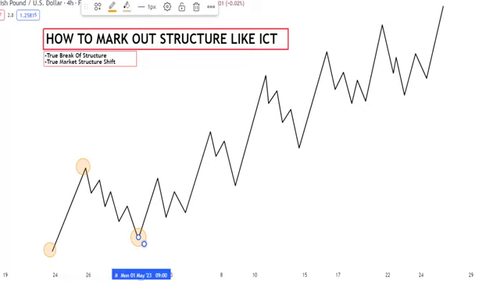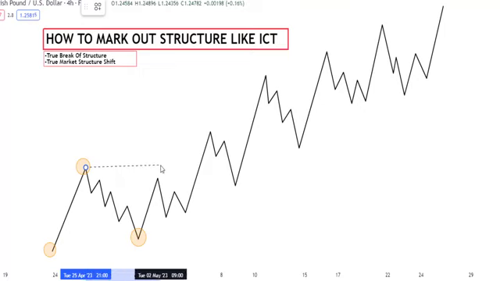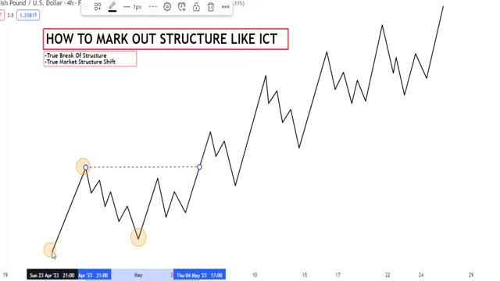So we're going to mark out this high at this level. That is the highest level price reached, and then price was here before. So when we say price has created a range from here to here, anything in between this is still part of the price action that price actually created here.